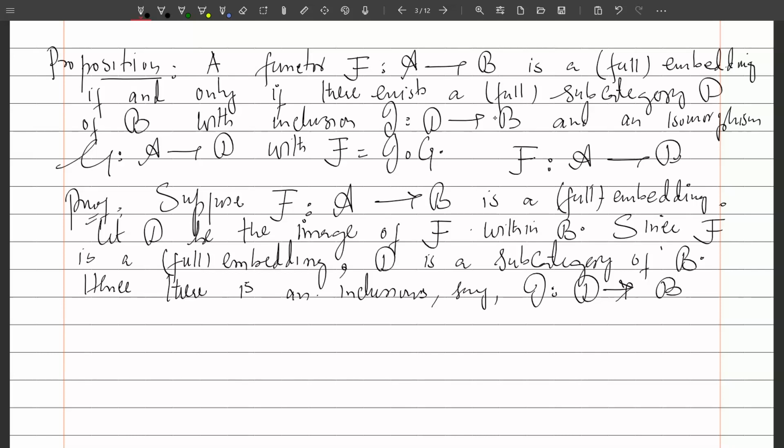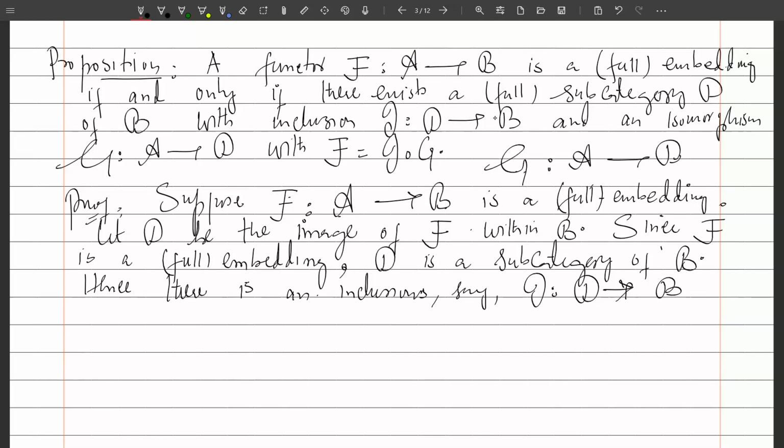In other words, there is a map G from D to A. Because F is a map from category A to B, if we restrict to D, then we replace this F by G. So G is again a functor which is an embedding as well as full.